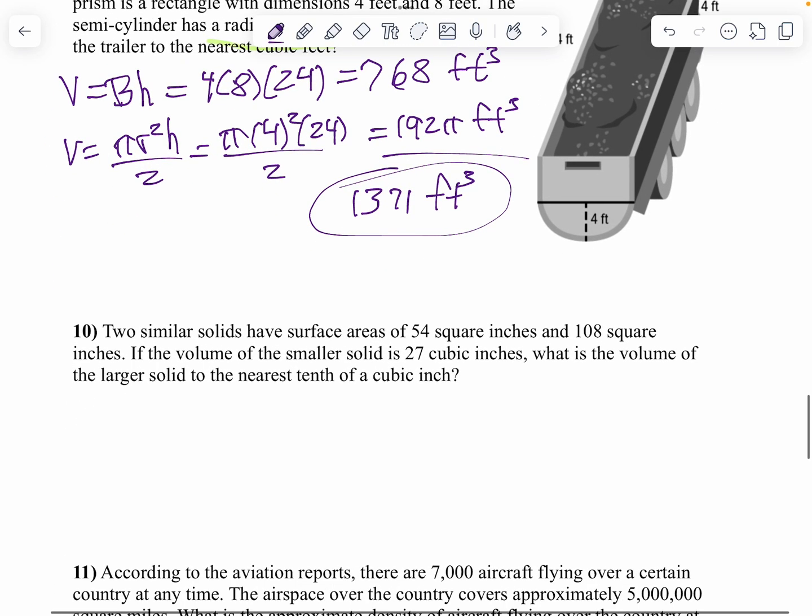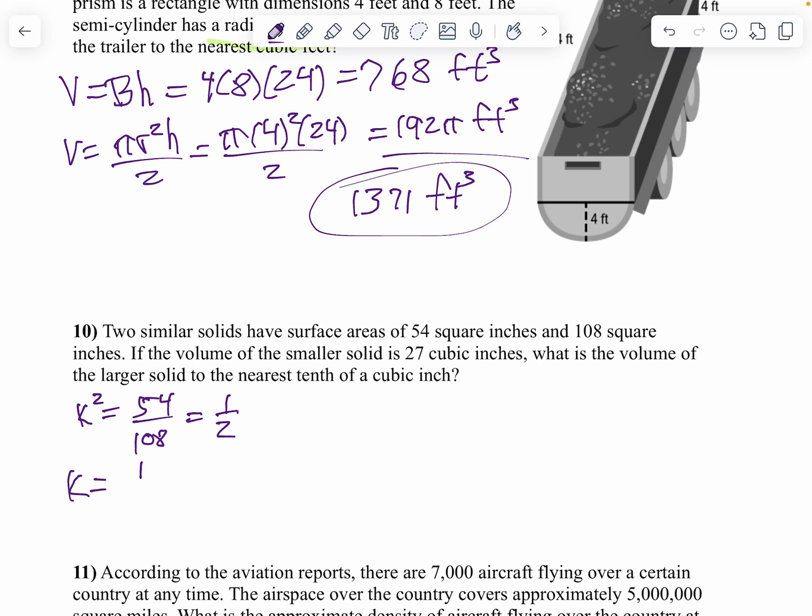Okay, number 10. We know the ratio of the areas. Well, that's k squared. That's 54 to 108. Well, if I reduce that, I get 1 to 2. But I want k. So I take the square root.